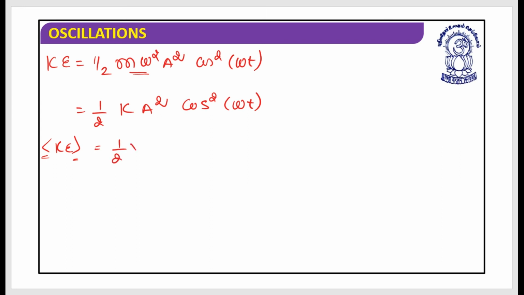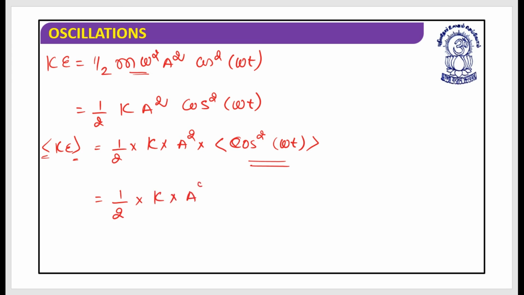This is 1 by 2 multiplied by k multiplied by a square multiplied by the average value of cos square omega t. When I take an average of this, it is equal to 1 by 2. So this 1 by 2 into 1 by 2 is equal to 1 by 4 into ka square. This is the average value of kinetic energy, which is equal to 1 by 4 into ka square.